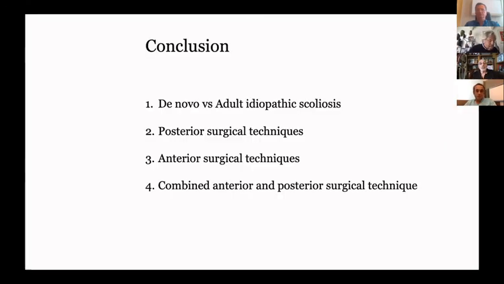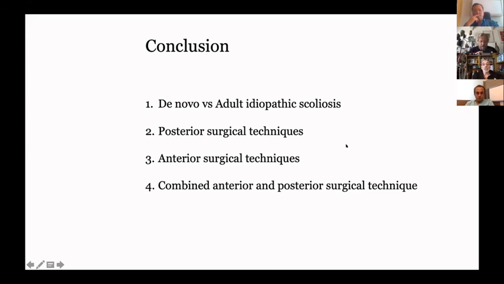In conclusion, as we discussed before with Max Sebi, it's necessary to consider very well if the scoliosis in our adult patient is de novo or adult idiopathic. They are two different animals. De novo very often needs to include the pelvis, adult idiopathic scoliosis not. This is relevant for the patient. We can choose posterior, anterior, or combined techniques.